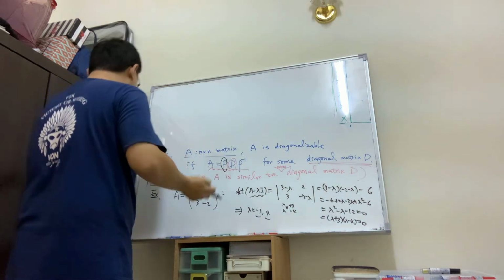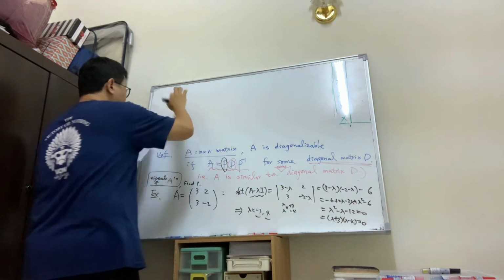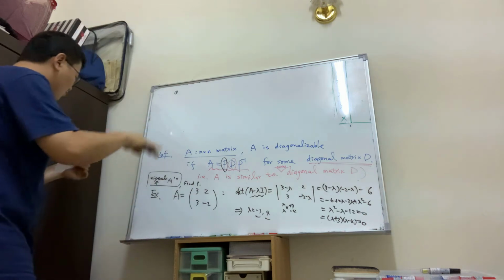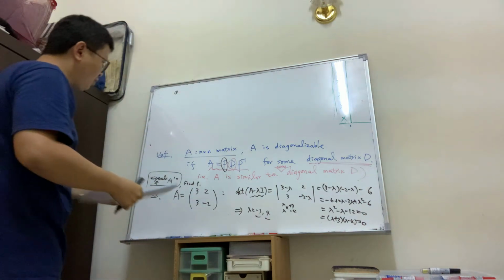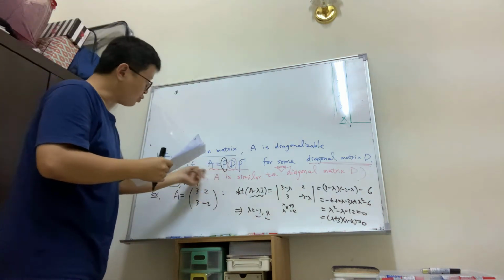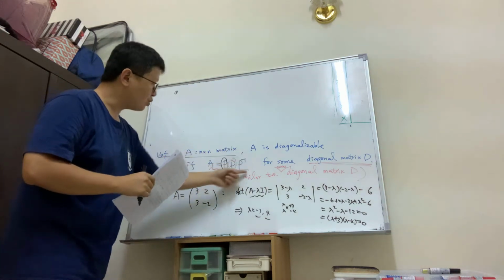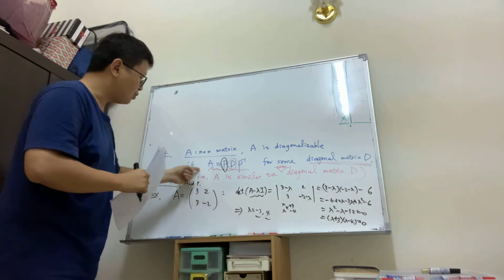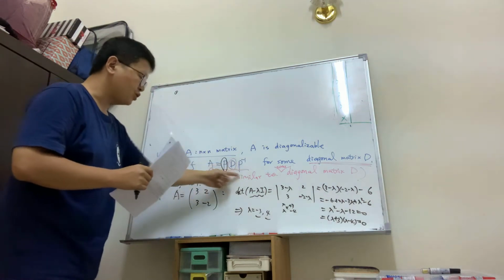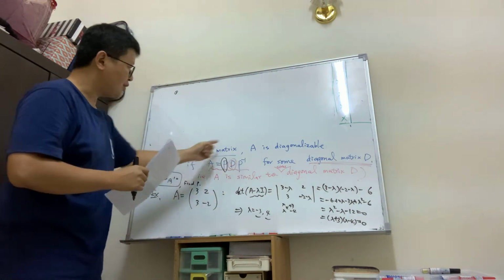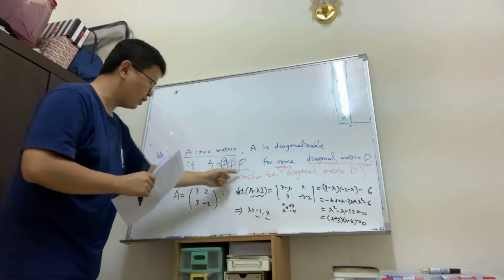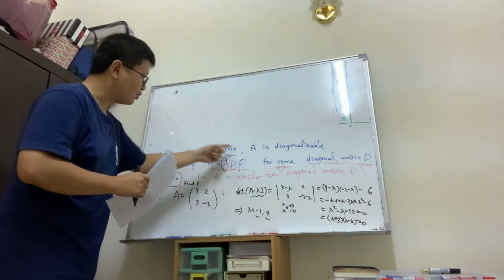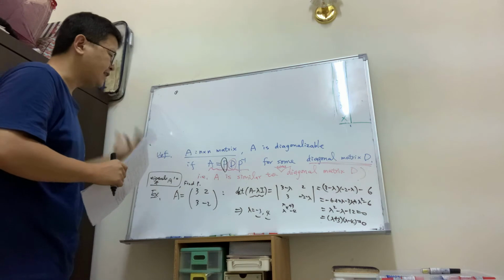And for the eigenspace, for this part, now I want to tell you what the matrix P is and how to know that A is diagonalizable. I mean, how to know that this equation indeed holds. And later I will tell you, if we have this equation, we have some nice result.